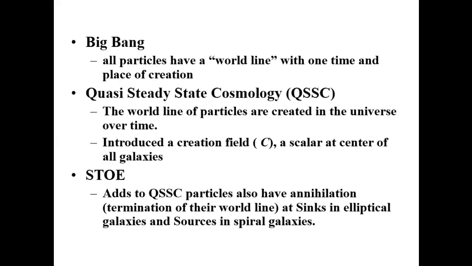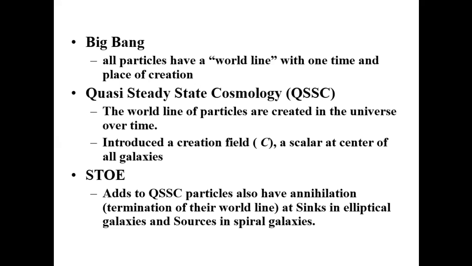The Big Bang suggests all particles have a world line, and that's what you do is you track the position over time with one time and place of creation. The quasi-steady state cosmology has a world line of particles, but the particles are created in the universe over time. That is to say, the quasi-steady state cosmology introduces a creation field, uppercase C, a scalar at center of all galaxies.